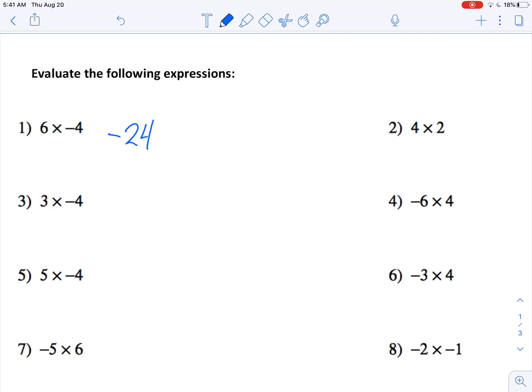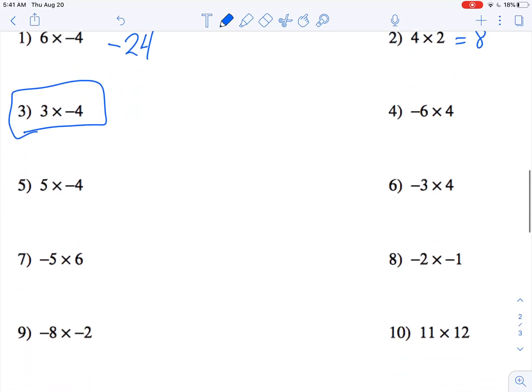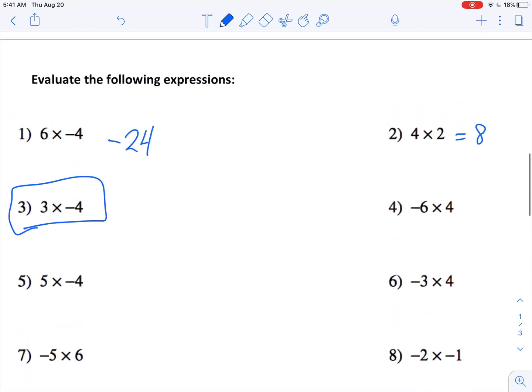And same thing here, we've got 4 times 2. So I got to check for negatives. No negatives. Feeling good about that. 4 times 2, I know is 8. And I'll do one more, and then I will leave you guys to do some practice problems here.